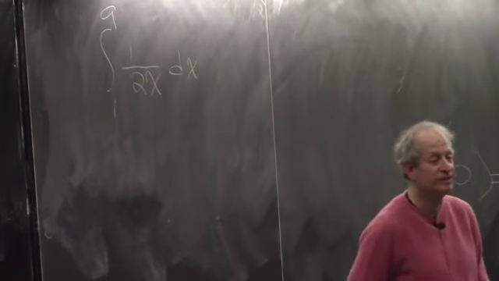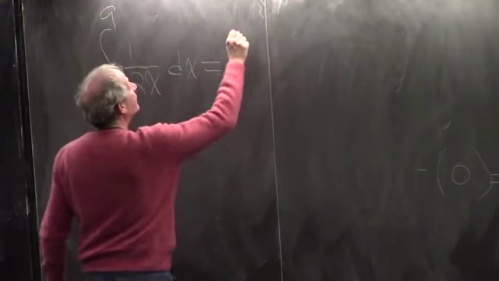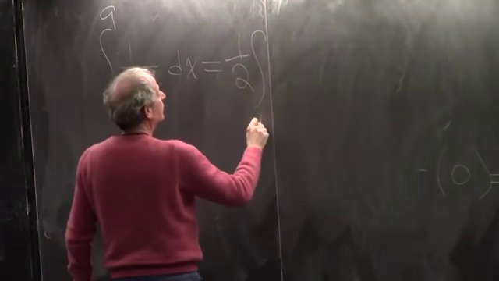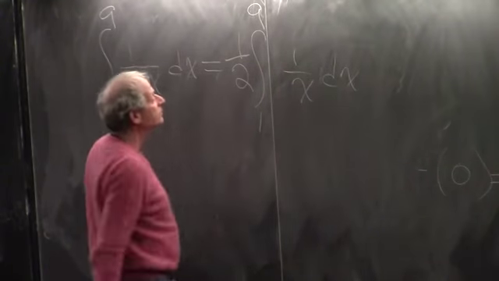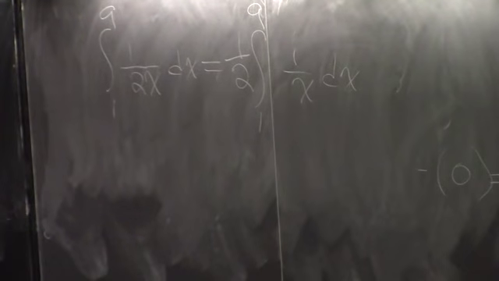It's not my problem. How do we do this one? Factor out the half. So now we have 1/2 the integral from 1 to 9 of 1 over x dx.